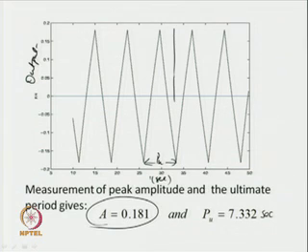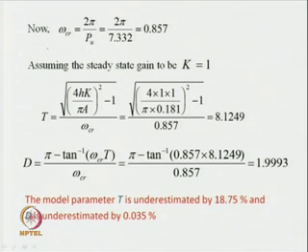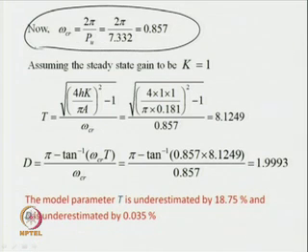So, this is a value 0.181 and Pu is of value 7.332 seconds. Then the critical frequency is calculated as omega CR is equal to 2 pi upon Pu is equal to 2 pi upon 7.332 is equal to 0.857 radian per second.